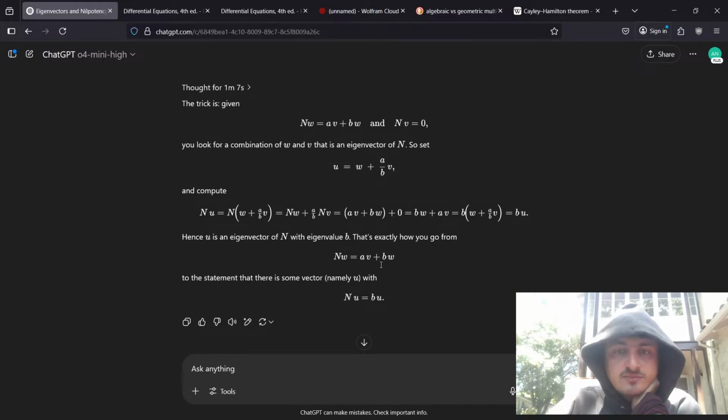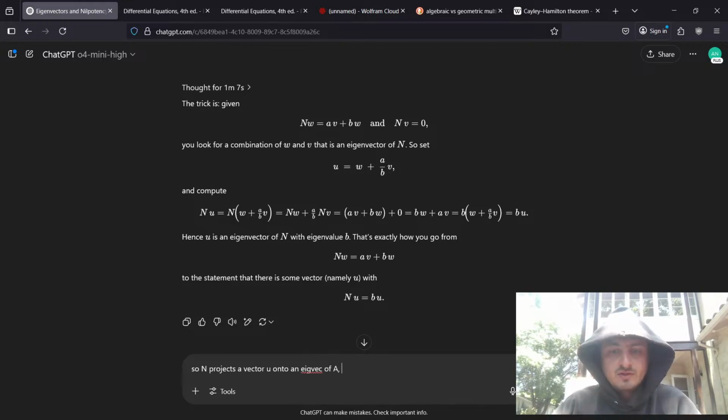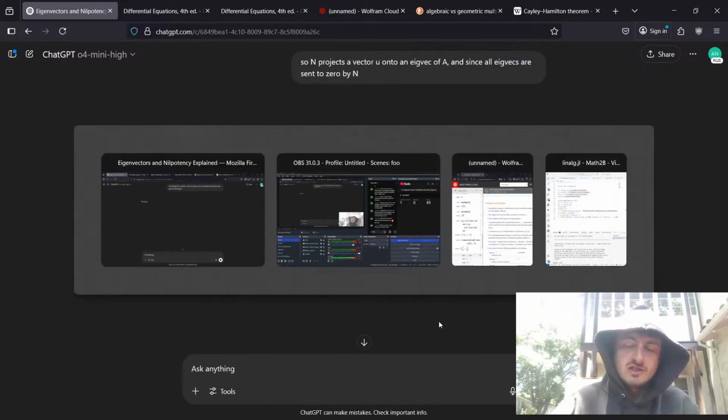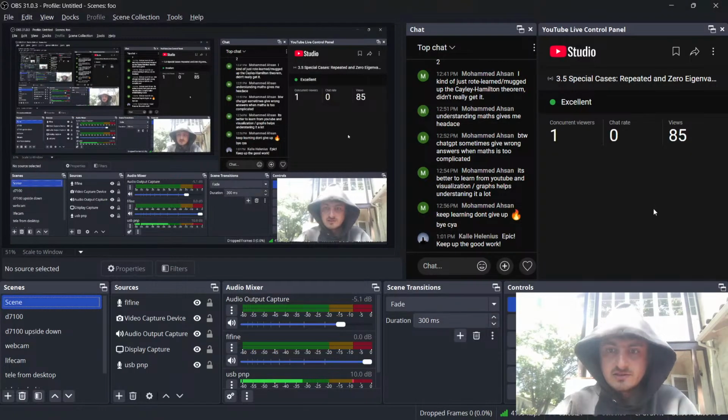It's going to project something onto the eigenvector of A. So N projects a vector U onto an eigenvector of A, and since all eigenvectors are sent to 0 by N. All right, so I think that makes sense.